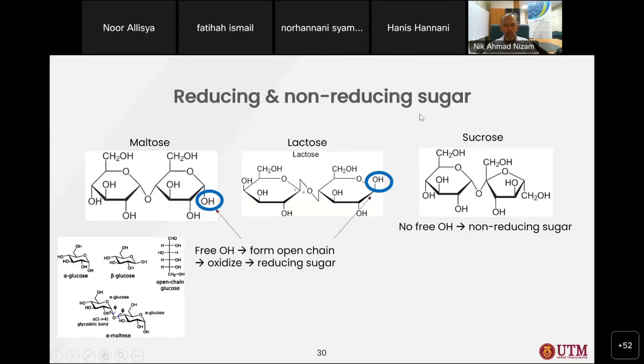So how do we know whether it's a reducing or non-reducing sugar? You can see maltose has a free OH. Lactose has a free OH, but unlike sucrose, at carbon number 1 here, this is what we call a free OH, because it will produce glucose, and this glucose will form the open chain, and this open chain can be oxidized into something else. Then the other compound will be reduced, so we call it a reducing sugar.